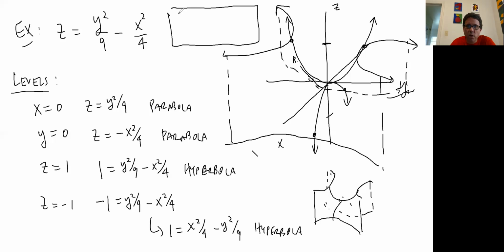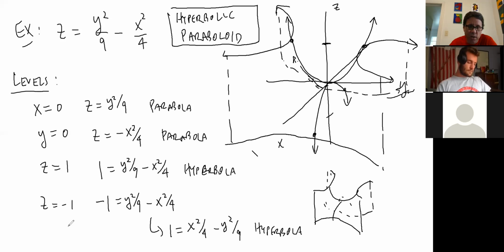So this is called a hyperbolic paraboloid. Again, there are two parabolas, so it gets the name paraboloid. But because the other cross sections are hyperbolas, it's called a hyperbolic paraboloid. And that really tests your drawing skills here.